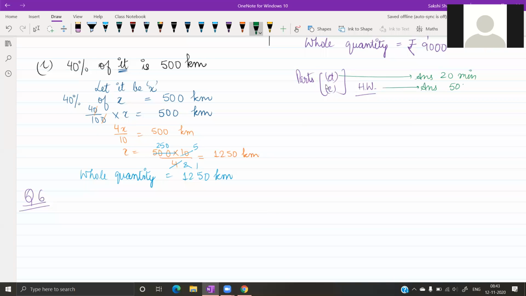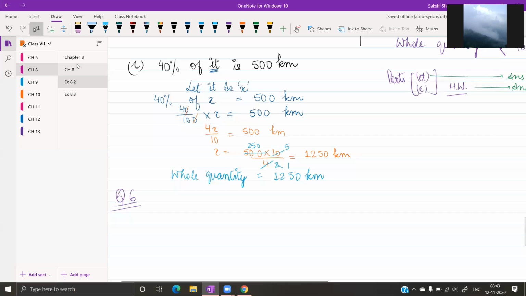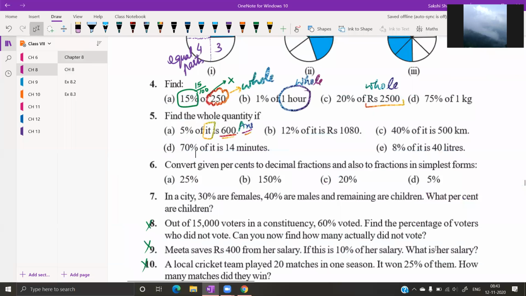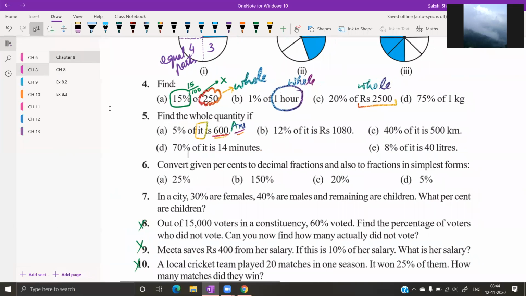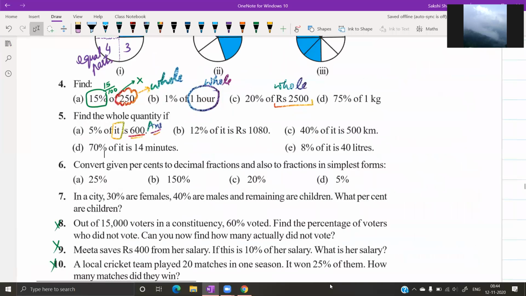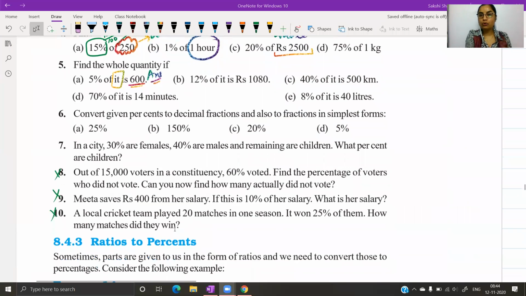Let's quickly take up the next question. Next question is actually very simple. Okay, very good, Bhavya. Sixth question: convert the given percentages to decimal fractions and also to fractions in simplest form. So there will be two answers. First of all, you want to convert this percent to decimal fraction.